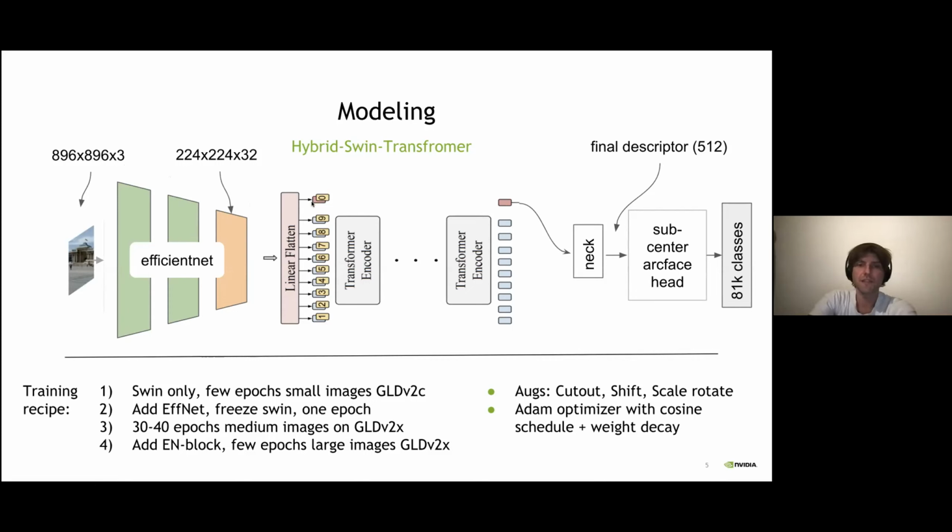So I have an EfficientNet encoder, then I feed through a Swin Transformer. I use the representation of the virtual node, feed this to a NAC, which is basically just a fully connected layer plus batch norm plus PReLU activation, and then use the same subcenter ArcFace losses as in the previous model.